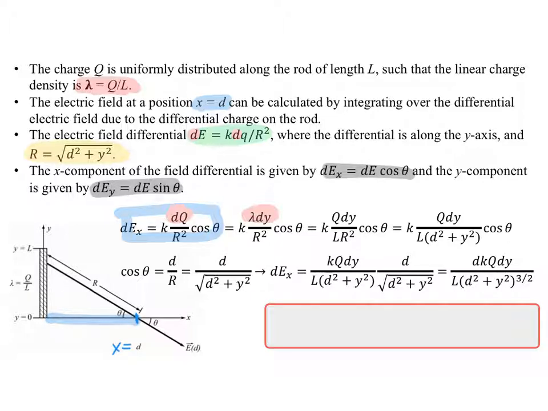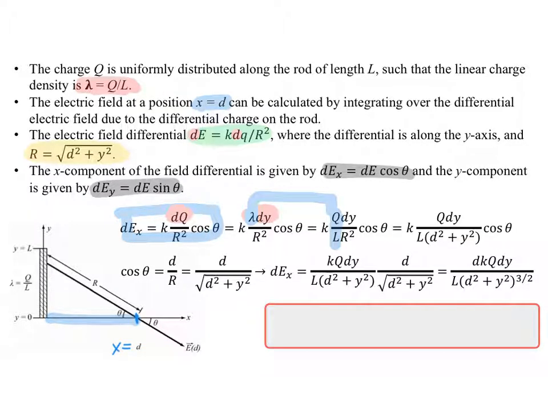And then we substitute in. Now it seems like, wait a minute, I went from dQ to Q. How did that work out? Well, remember that lambda is Q per L.